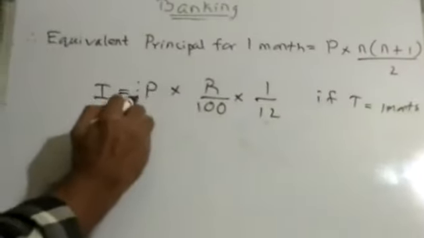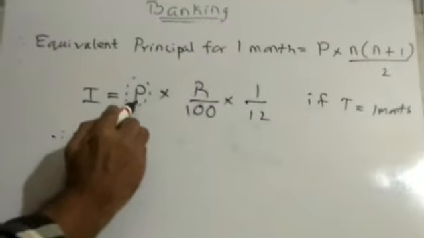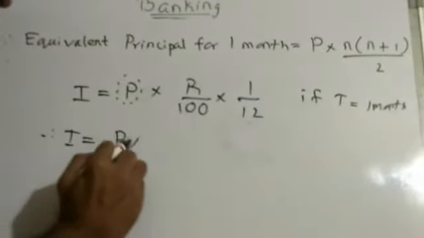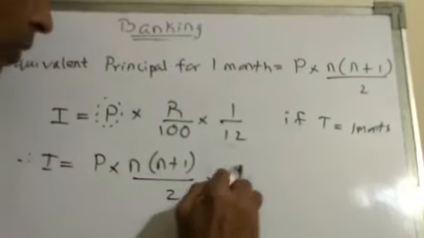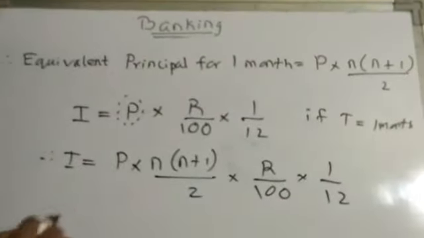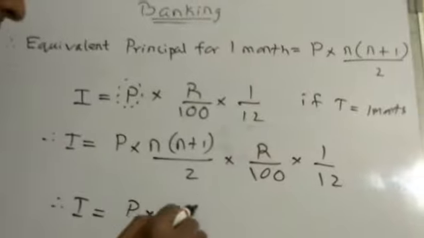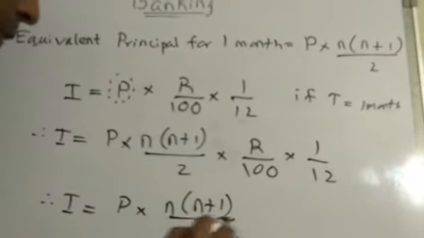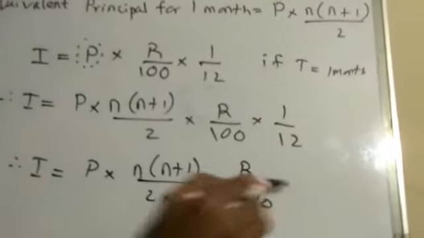So in this position of P, we are going to write I is equal to P into n plus 1 upon 2 into R upon 100 into 1 upon 12. This can also be written as I is equal to P into n plus 1 upon 2 into 12 into R upon 100.